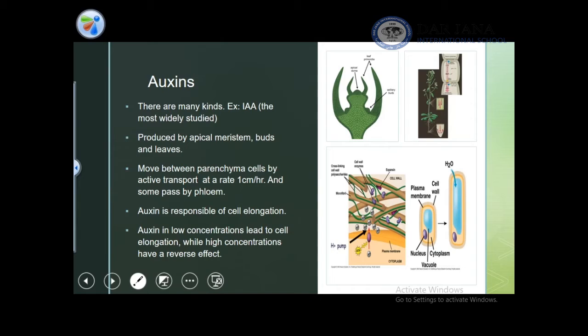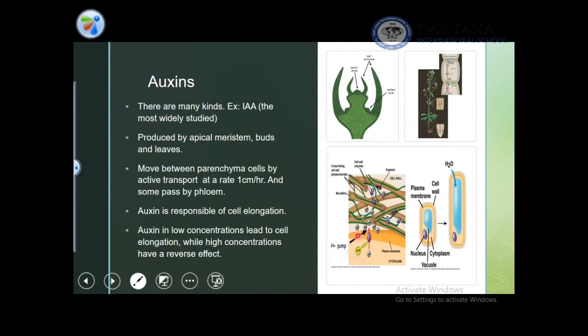Let's talk first about the first function of auxin, which is cell elongation. Whenever auxin enters the cell, suppose now that this is the cytoplasm of the cell in this image. This is the cell membrane, and we can see that on the cell membrane we have this purple protein.